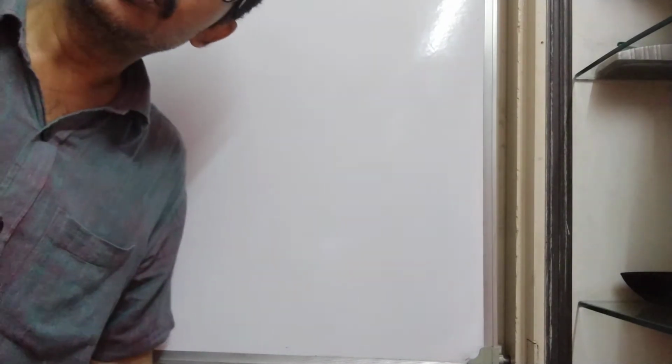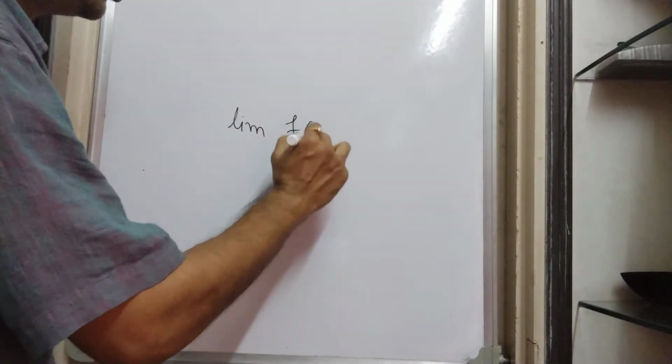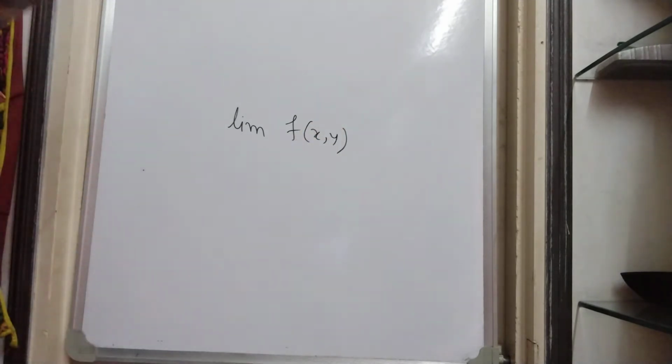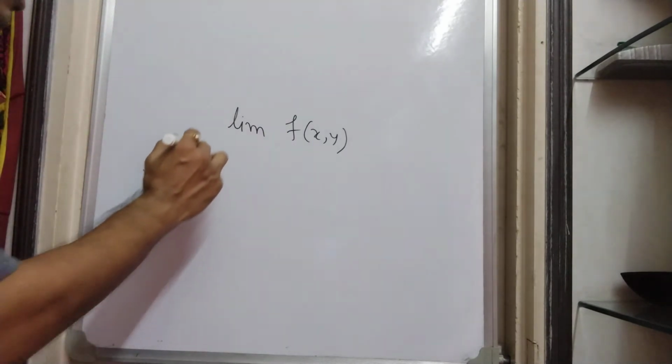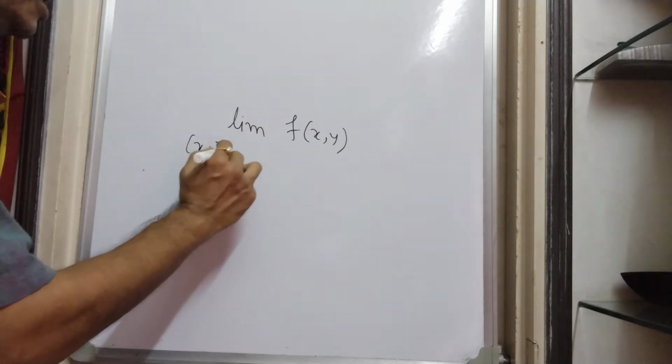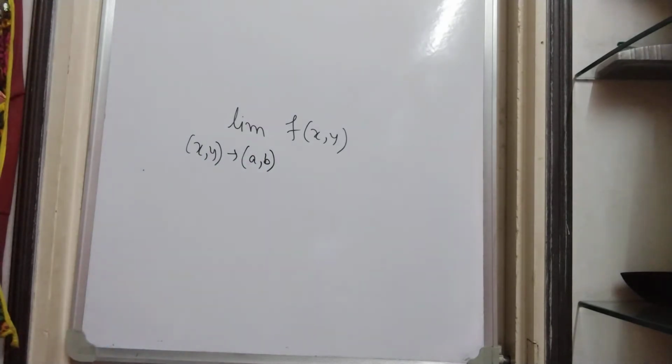We will try to elaborate on what may be defined as the limit of a function. When you define the limit of a function of two variables, x and y, both are assumed to be independent, then we define two types of limits.